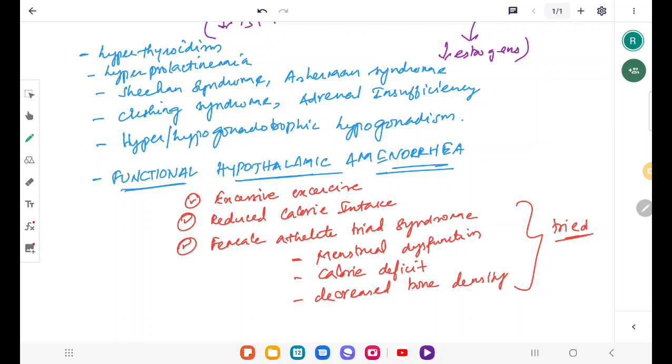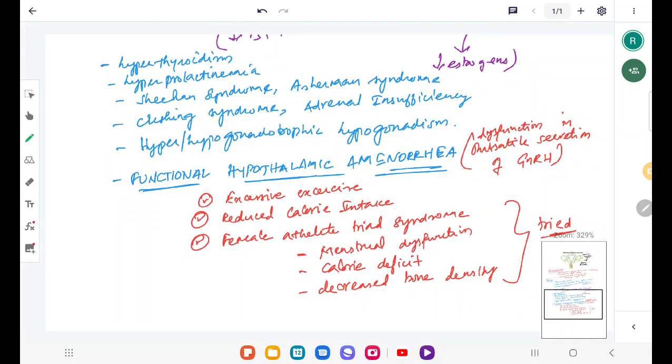So functional hypothalamic amenorrhea is a dysfunction in pulsatile secretion of GnRH, which is the gonadotrophin releasing hormone.